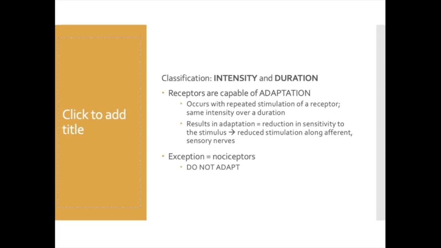But there's one glaring exception, and that's the nociceptors. Remember, nociceptors are receptors that are capable of being stimulated and transmitting information about pain. Remember, pain is an interesting sensation because it's not real in the sense that you can't touch it, you can't measure it objectively.